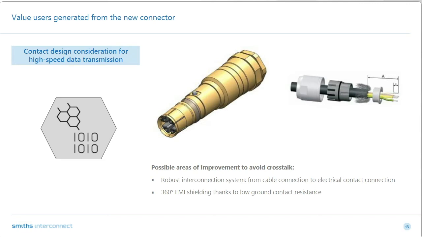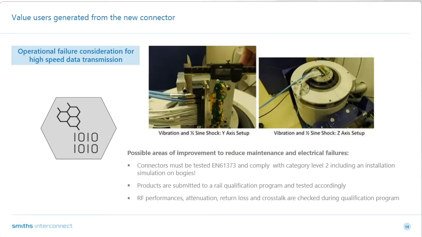And one of the things we have to remember is the operational failure consideration, particularly when you're looking into high-speed data transmission.